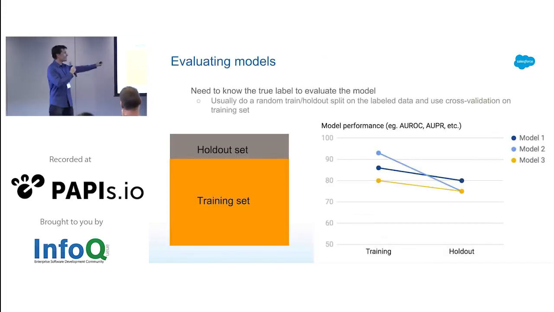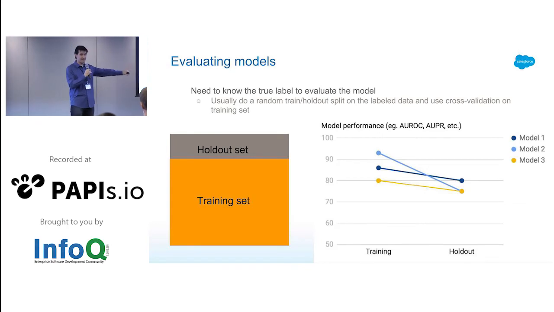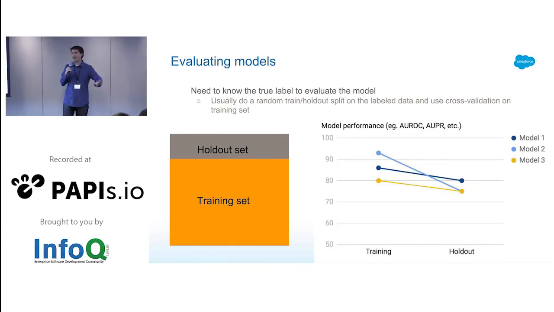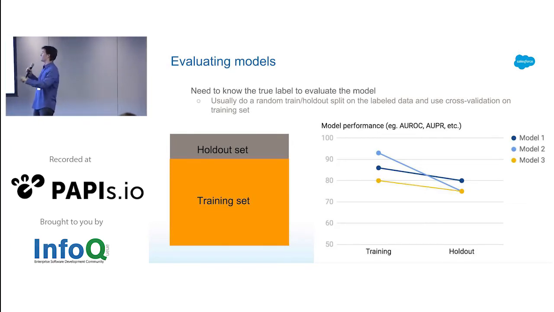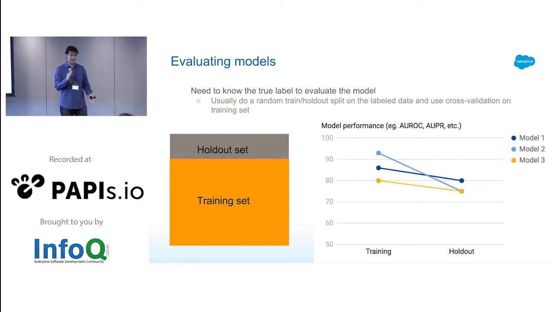I'll show one last thing that we have to worry about when actually evaluating these models, and what it looks like when the models are too good. Normally we have training and a holdout split. We are not in control of the training and scoring split because we can't control when the label is determined. But when we have the label determined, we can split it into a training set and a holdout set, which of course we do.